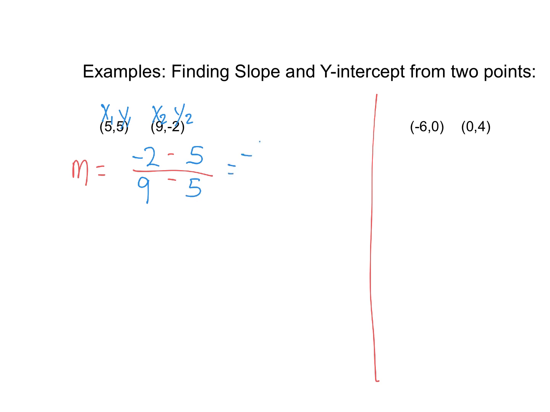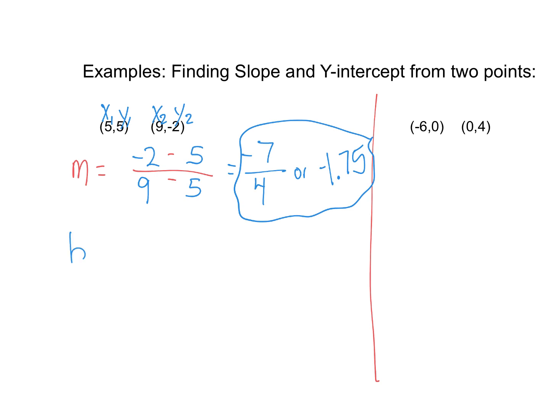And I get negative 7 over 4. You can leave it as negative 7 over 4, or you can put it as negative 1.75. If it turns out to be a nice pretty decimal, you can leave it that way. If it doesn't, then you're going to want to leave it as a fraction.